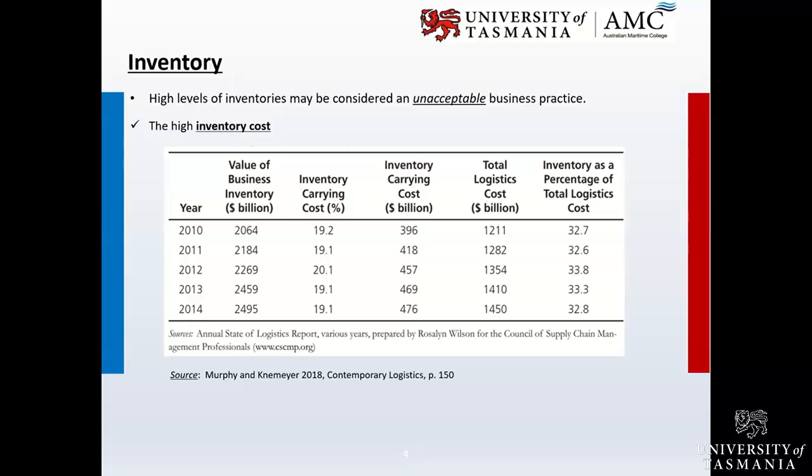So it means a company sometimes is unhappy with high levels of inventories. Actually, high levels of inventories can result in high levels of inventory cost. So the companies will be unhappy with this.